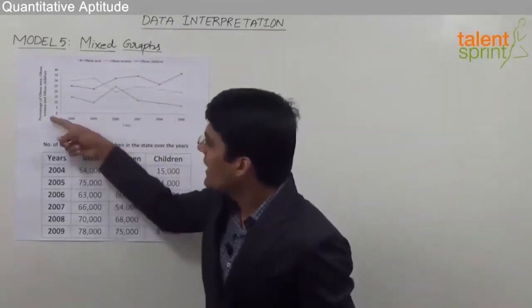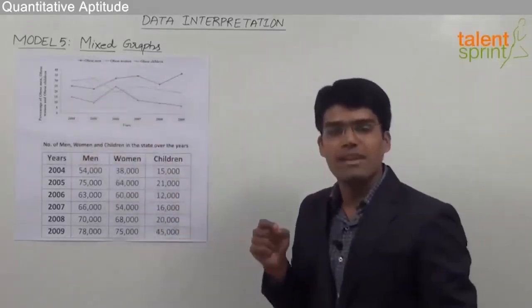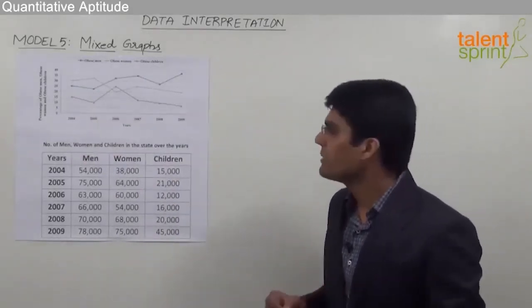So as you can see here, the y-axis says percentage of obese men, obese women and obese children from 2004 to 2009. Now the obese men here are represented by the line which has got circles on it, obese women by the line which has got a rhombus on it, and obese children by the line which has got triangles on it. So very clearly we can distinguish between the three values. So for example, in 2004 the percentage of obese men was 25%.